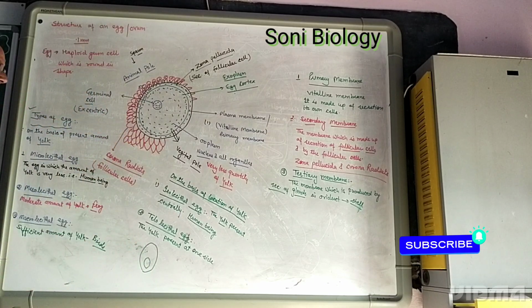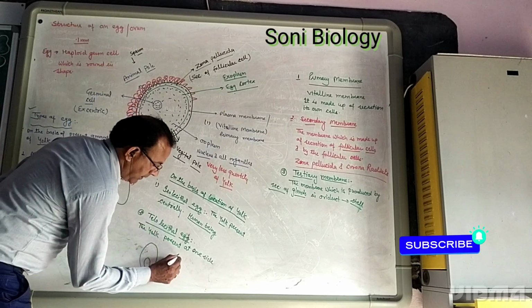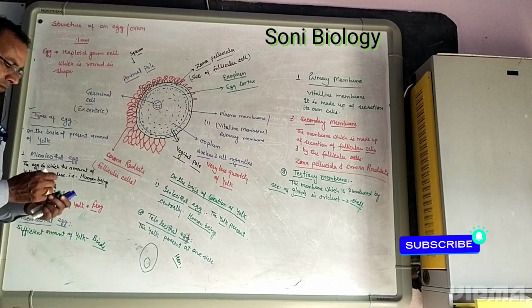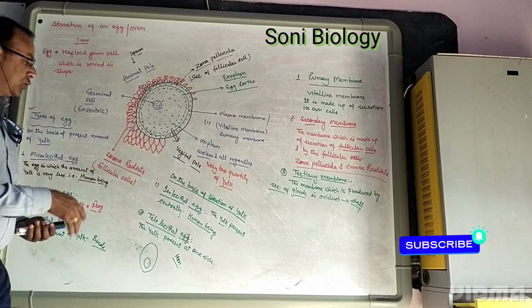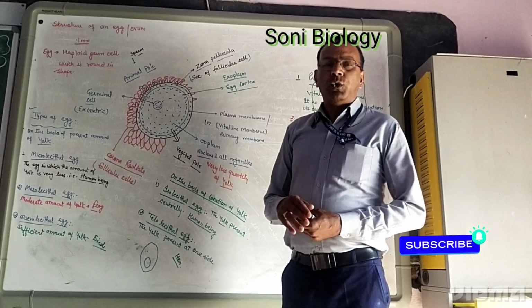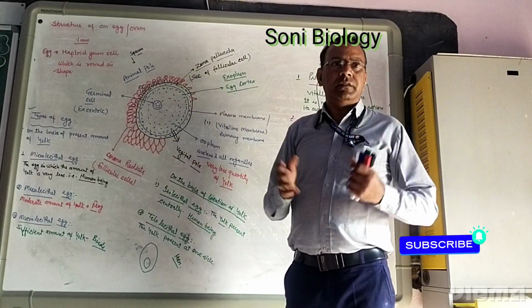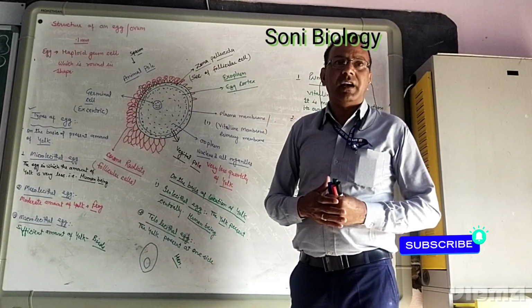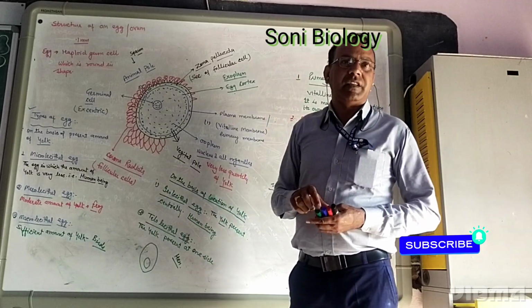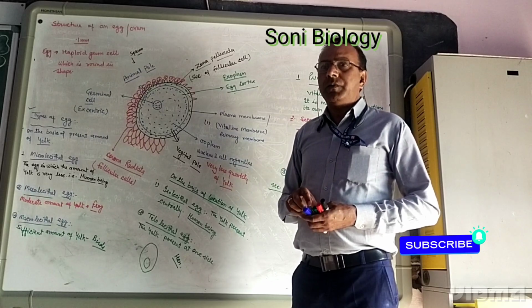This is called a telolecithal egg, for example, in hen. These are two types of egg. One more type is in insects, where the yolk is present all over the cell. That is called a homolecithal egg, present in insects.